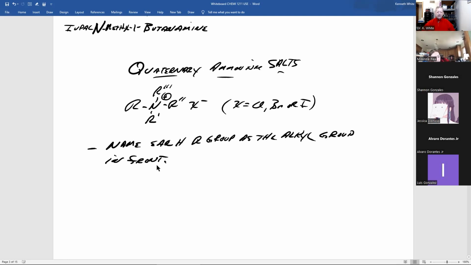Name each R group as the alkyl group it is in the front, like you did with amines. But where it's different is, add the anion.